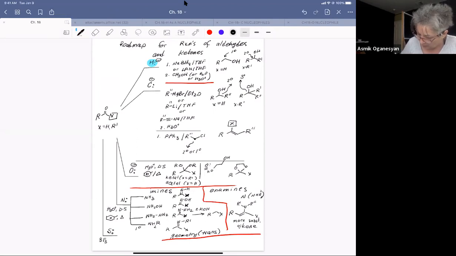BF3, THF. Okay, you put this on and you can reduce it and form an alkane.